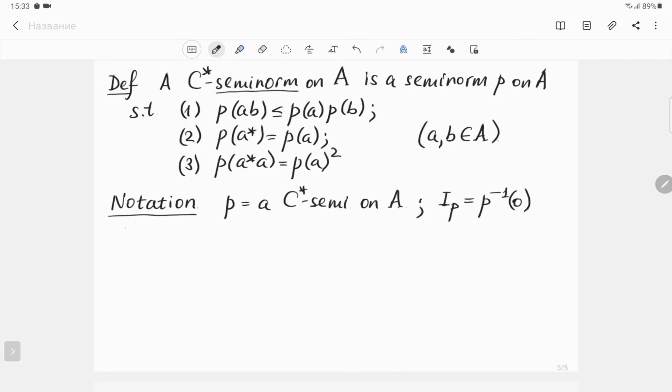It's immediate from the above definition that IP is a two-sided star ideal of A. So we can consider the quotient of A modulo this ideal, and let's denote it by AP0.